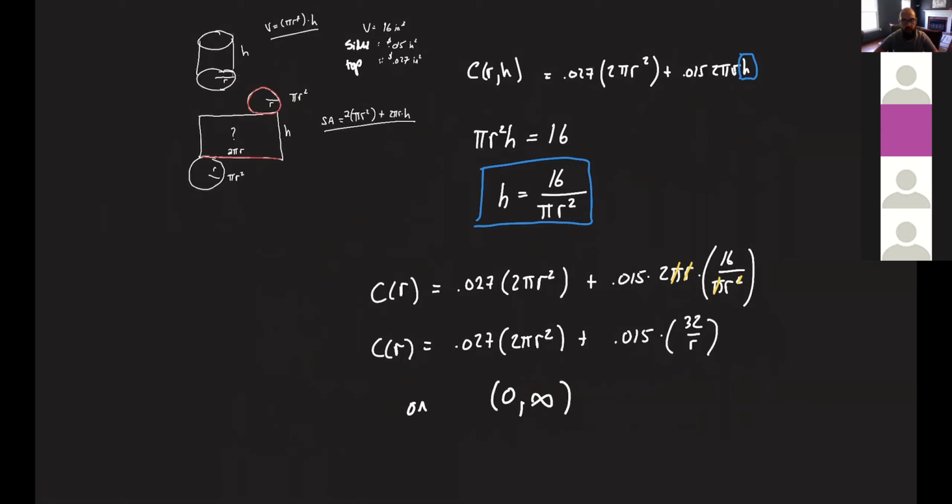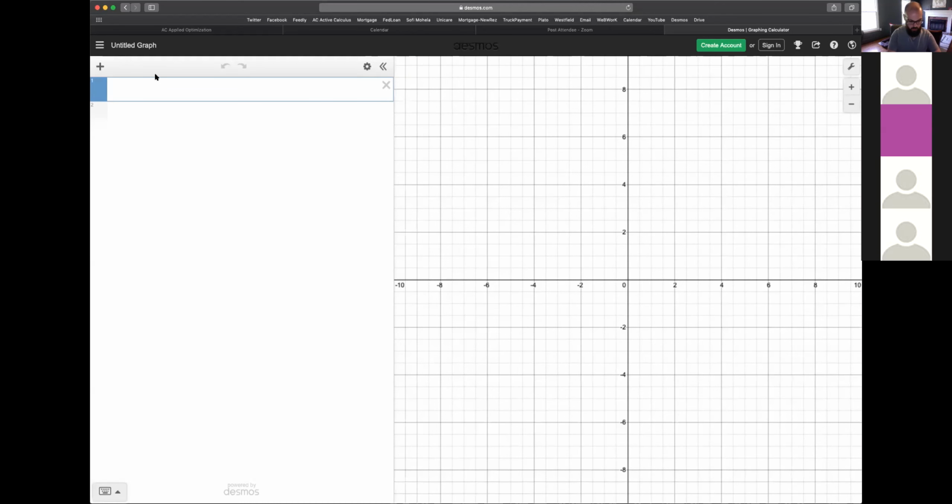We're basically out of time here, so instead of doing this out algebraically, let's go ahead and put it into Desmos. Okay, so we'll get a new graph here. And just so we have some closure on this, let's go ahead and optimize it.